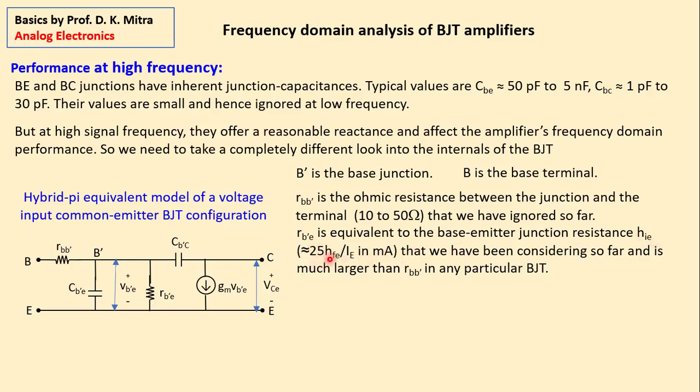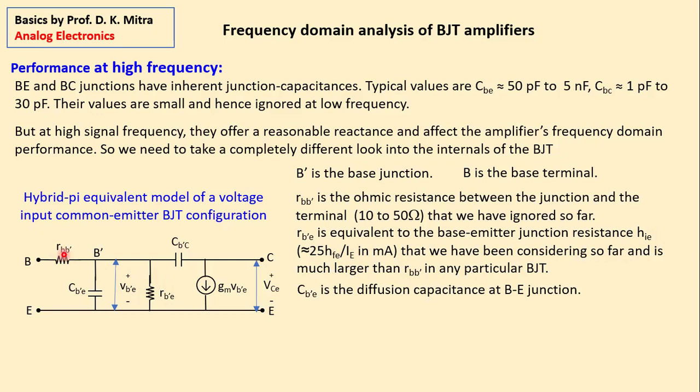It is 25 hfe by IE in milliampere, that we have been considering so far. And this is much larger than RBB'. That means this resistance is much larger than this resistance. So we considered this right from the beginning, but we ignored this.